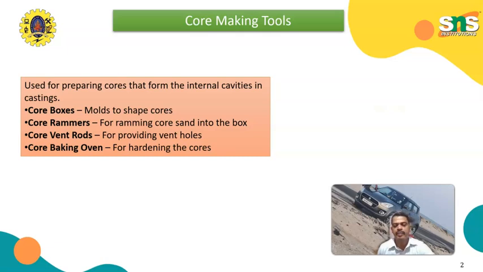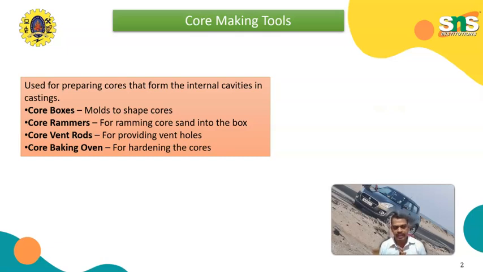The tools and equipment: core box, to make cores in specific shapes. Core rammer, to compact sand in the core box. Core vent rod, which allows gas to escape in the core. Core baking oven, to harden the core.